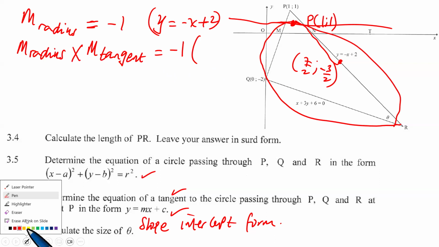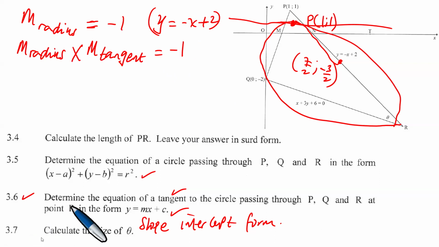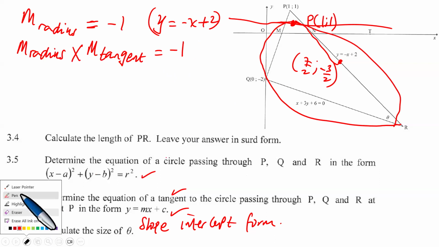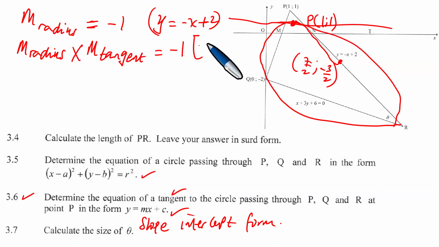Why is that the case? Well, it is always the case because we know very well that your tangent is always perpendicular to your radius at the point of contact. So now we know already the gradient of the radius.